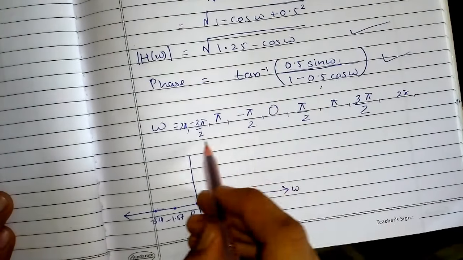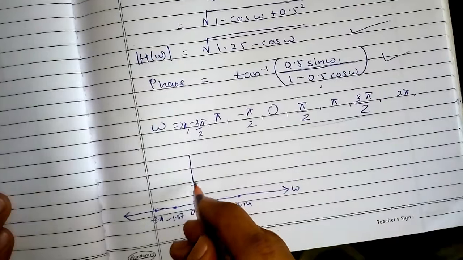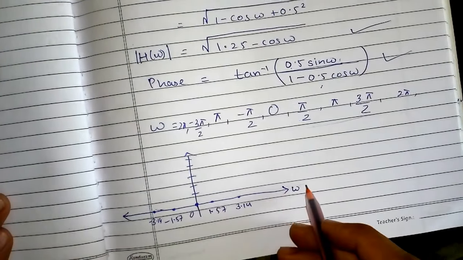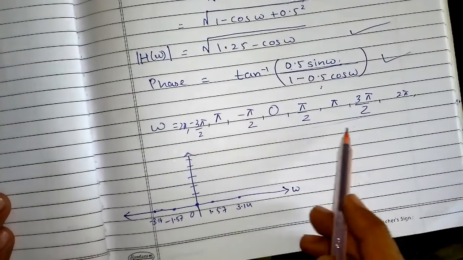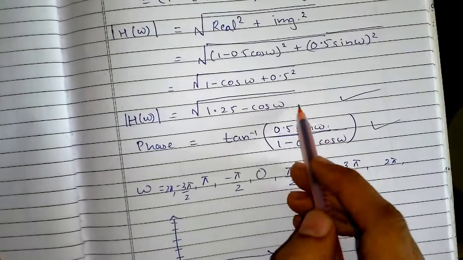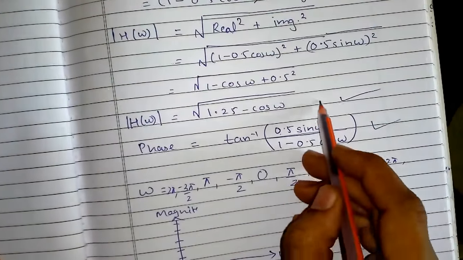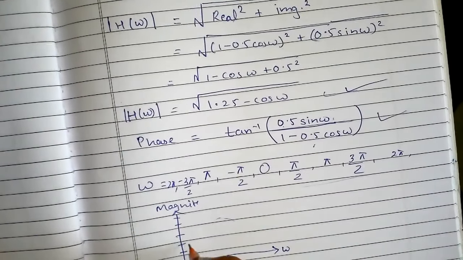Now whatever values you get after this, plot them on the y-axis. Values of omega on the x-axis, and the values that you get by putting these terms in the magnitude. I am plotting the magnitude first. Plot them on the y-axis and then draw the curve.